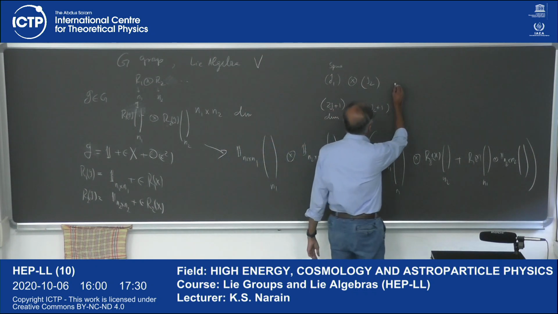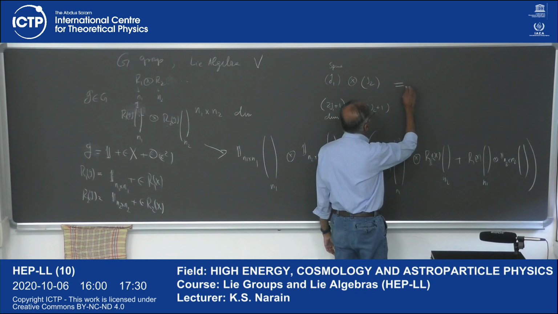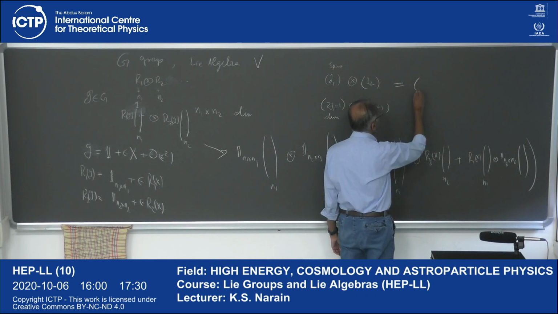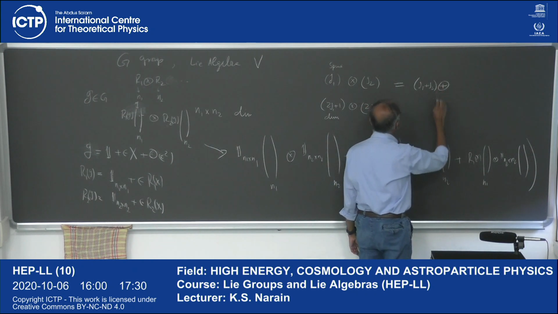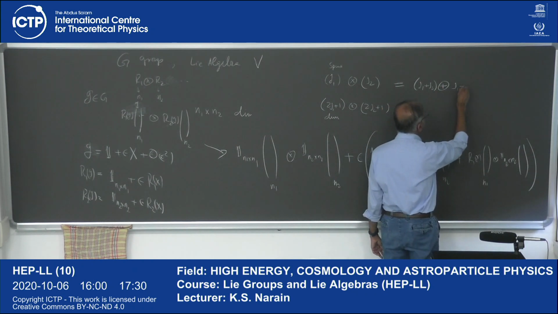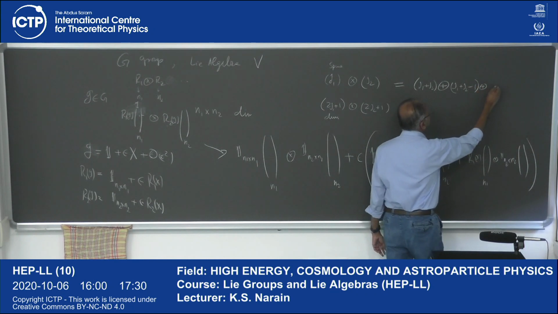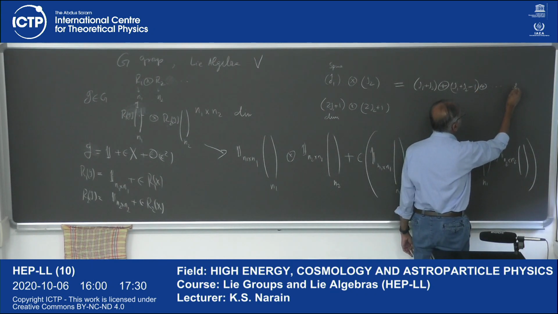Okay, so then this decomposes into several irreducible representations. The highest is J1 plus J2. Now the direct sums of J1 plus J2 minus 1, all the way down to the modulus of J1 minus J2.